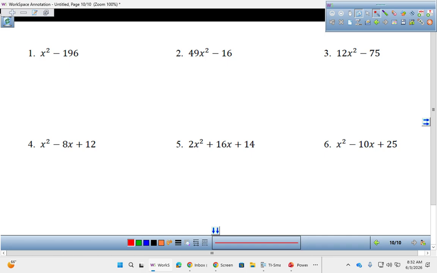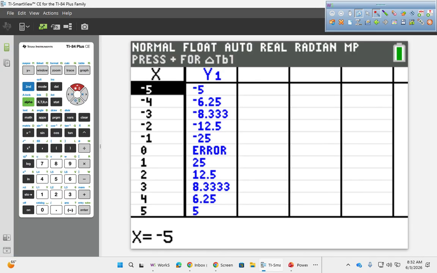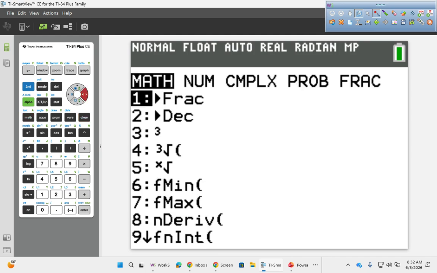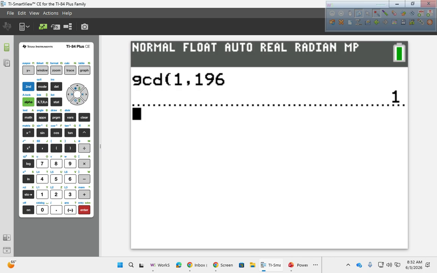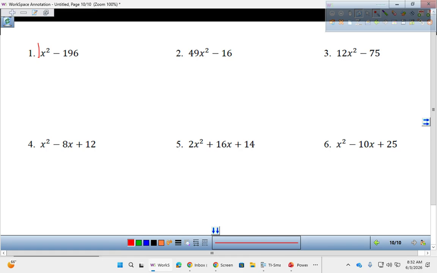Now this term has a 1 and that term is a 196. So if I math arrow to the right 9 that, the number GCF is 1. Do you remember from this unit we said 1 is a GCF? All right. So number 1 looks like it could be a GCF problem, but it's not.